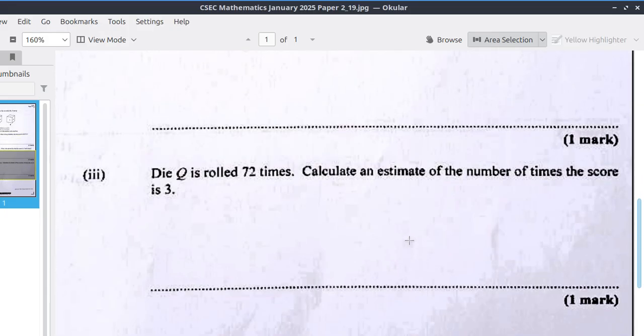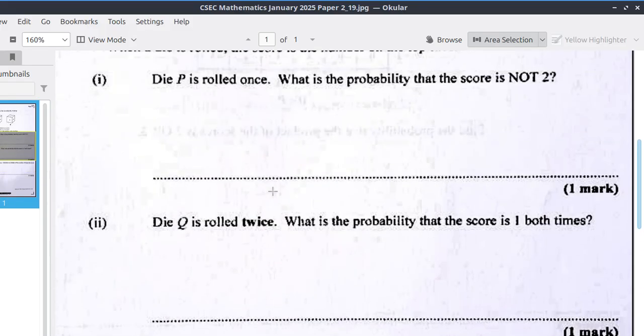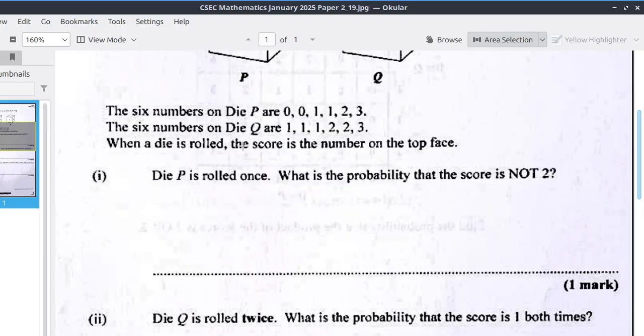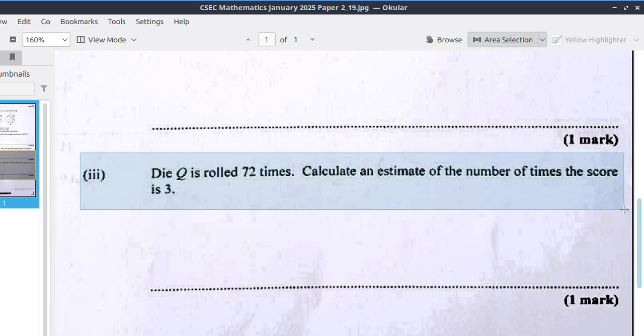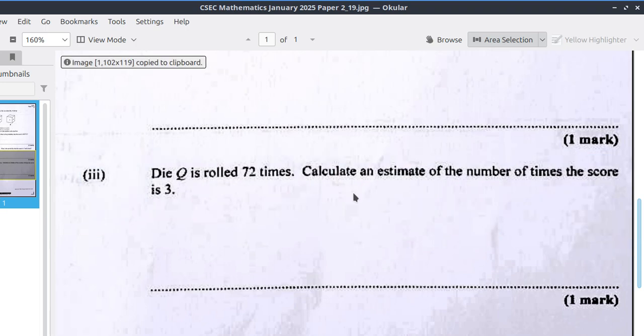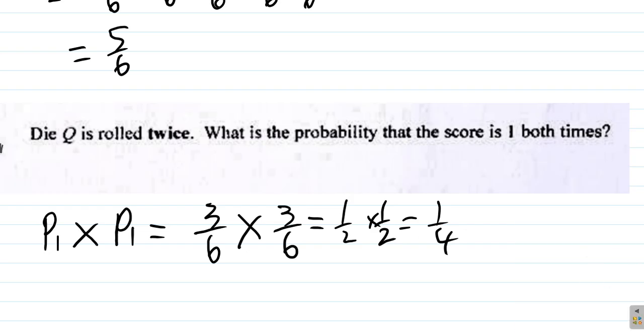Now, here, die Q is rolled 72 times. Calculate an estimate of the number of times the score is 3. How many times is the score 3? Die Q is rolled 72 times. Now, before I do anything else, let me just copy this and paste it over here.